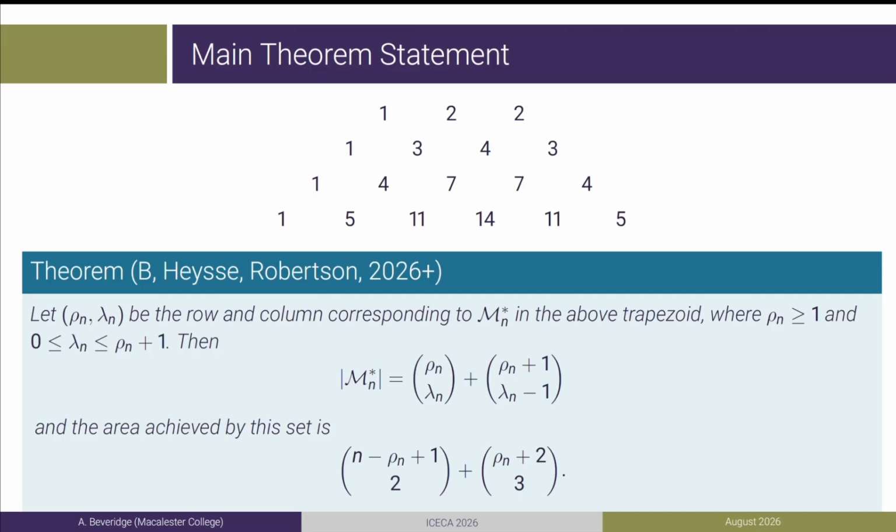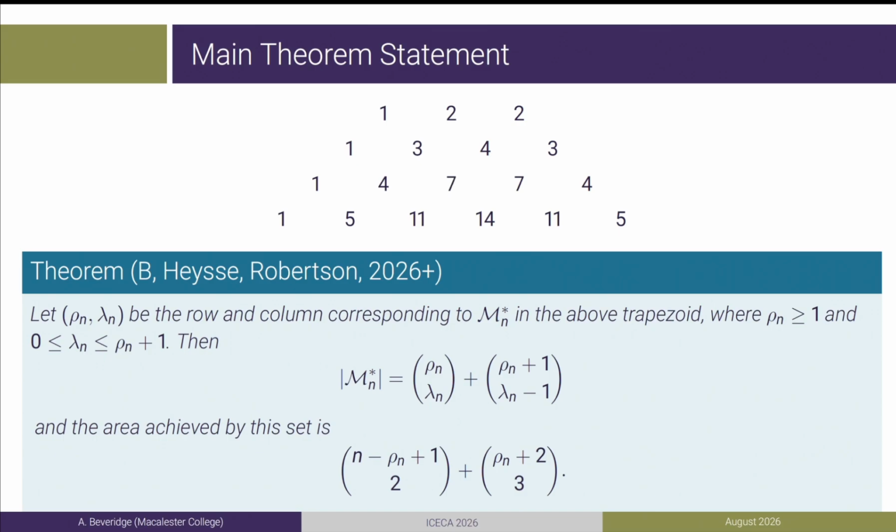Now that we've organized our data into this trapezoid, we can state our main theorem for real. Given a size n, locate its location in this trapezoid. For example, if n equals 10, then we count 1, 2, 3, 4, 5, 6, 7, 8, 9, 10. And see that n equals 10 corresponds to this first 7 in the third row.